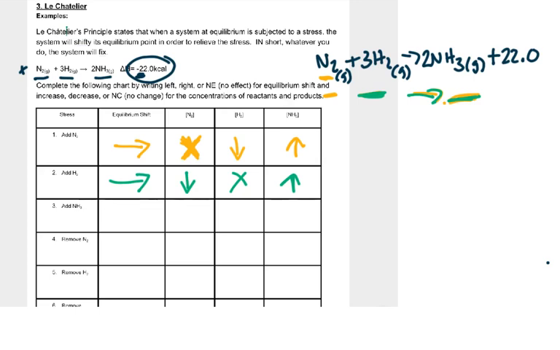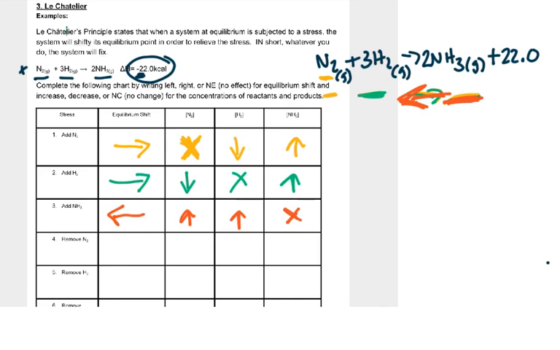Adding ammonia, so now I'm adding more product. When I add more product, I can find equilibrium by breaking that product up into its reactants. So my shift is going to go the opposite direction. We're going to increase the hydrogen and the nitrogen because I'm breaking up that ammonia to make those two.